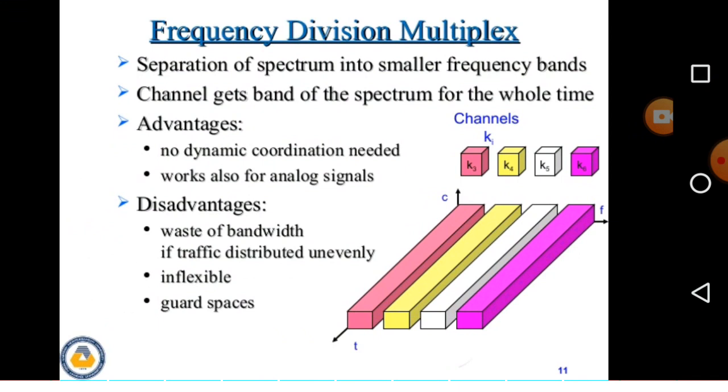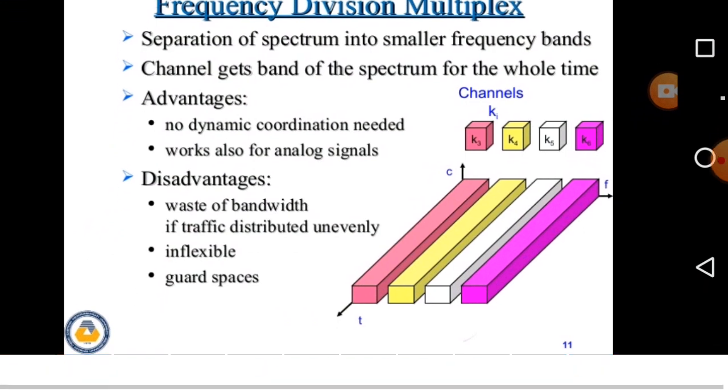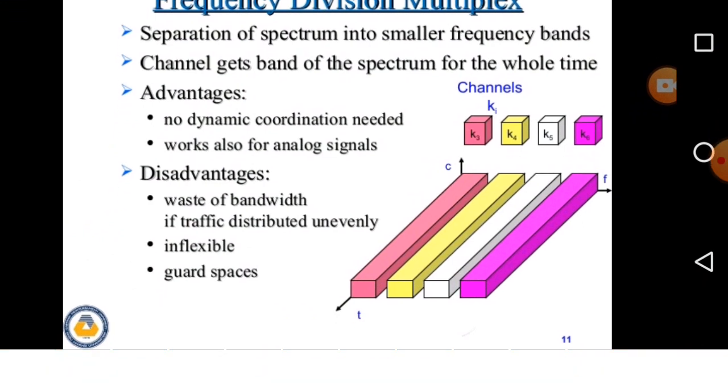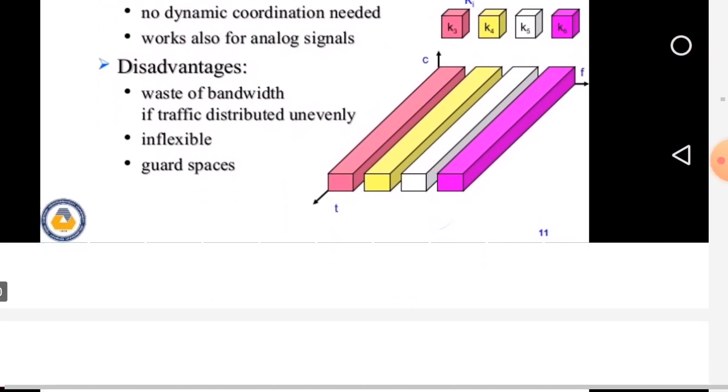No dynamic coordination needed, works also for analog signals. Disadvantages: waste of bandwidth if traffic is distributed unevenly, inflexible, guard spaces. These are some disadvantages of frequency division multiplexing.